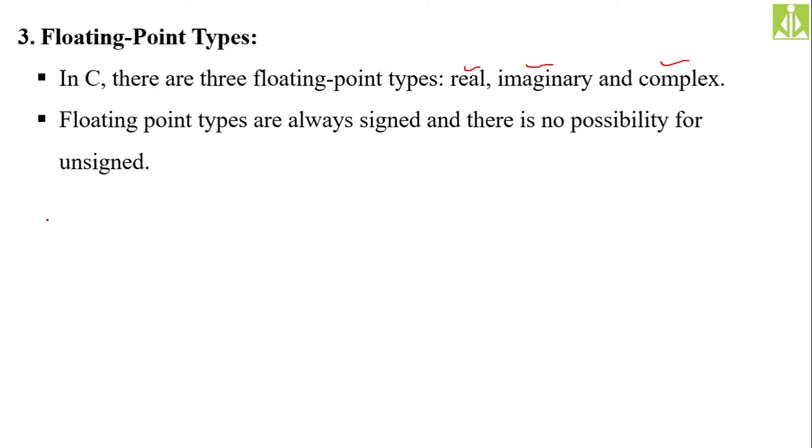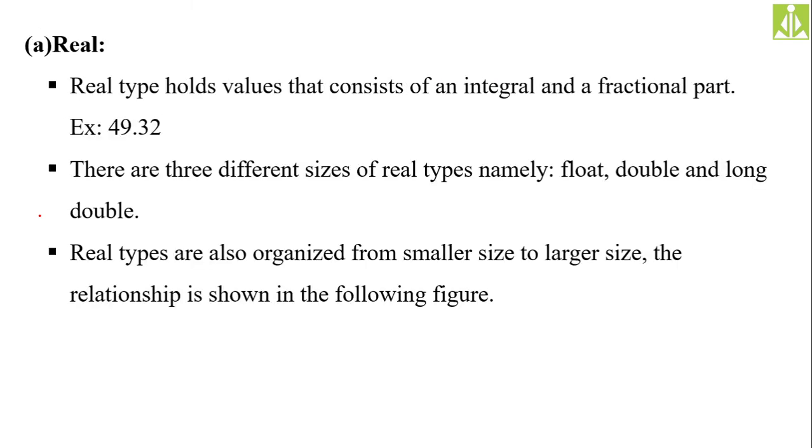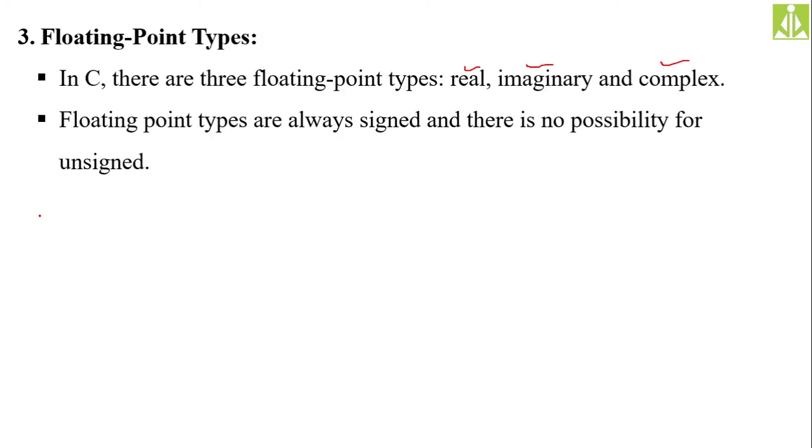In integers only we have both signed integers as well as unsigned integers, but when it comes to floating point, there is no such thing. You can store only the signed numbers, that is both positive as well as negative numbers, in a floating point type. These floating point types have been categorized into three, that is real, imaginary, and complex.